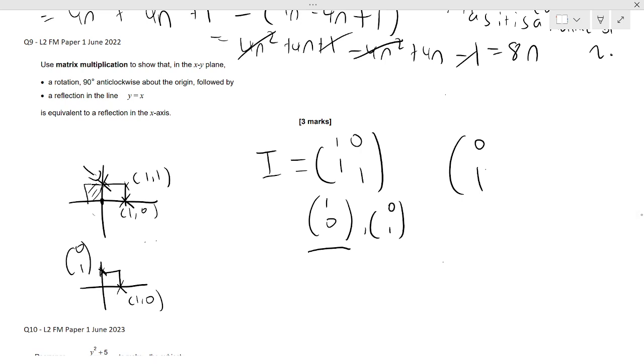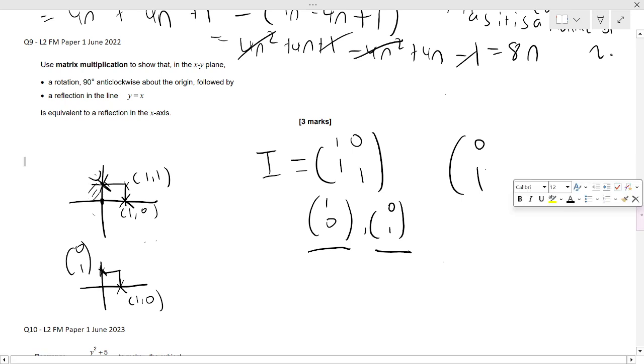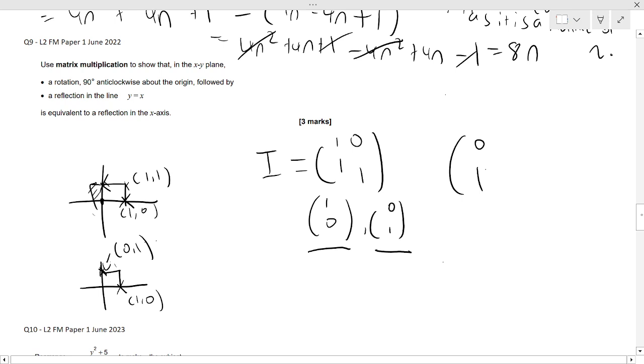And then we've seen what happens with the point 1, 0. Now we need to investigate what happens to the point 0, 1, which is going to be this point here. So where would that be on the rotated square here? It would be here, wouldn't it?